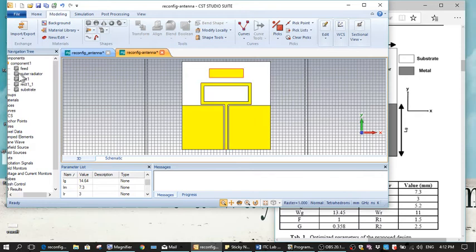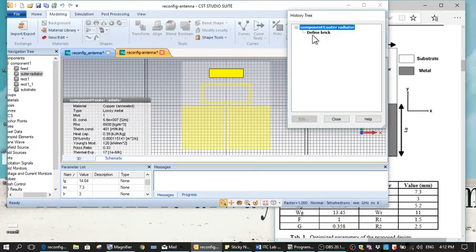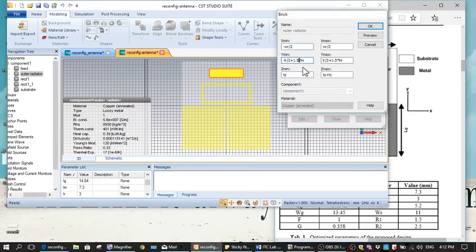Let's push it a little back. So maybe 1.2. Let's try it. No. It should be 1.3, I guess. 1.3. Let's preview.